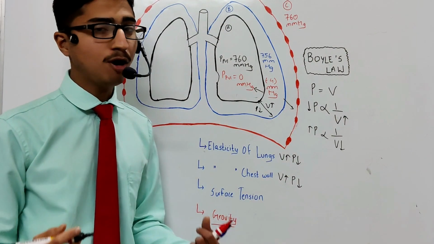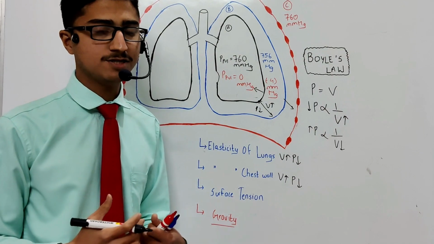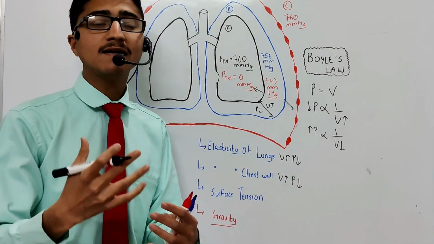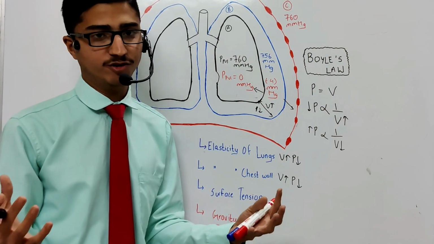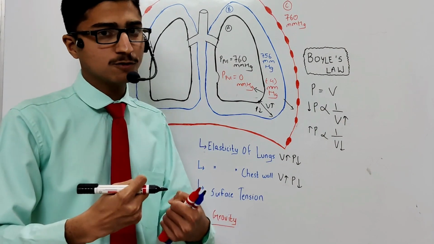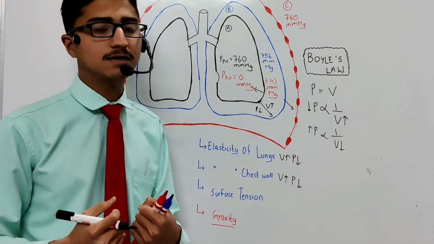Third one, and an important reason, is surface tension. Now what is surface tension? It is the interaction between the fluid and the gas molecules inside the alveoli. The tension which is generated by both the forces is known as surface tension. What happens here?